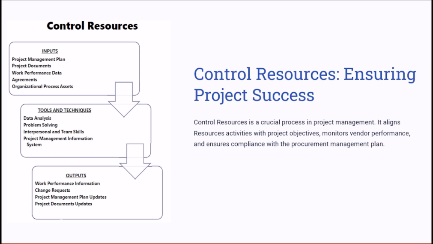So again, controlling resources focuses on the physical resources. As a project manager, you will have to have a plan, and you need to ensure that the physical resources are being used correctly and efficiently, as per the plan, and to avoid any waste of these resources.